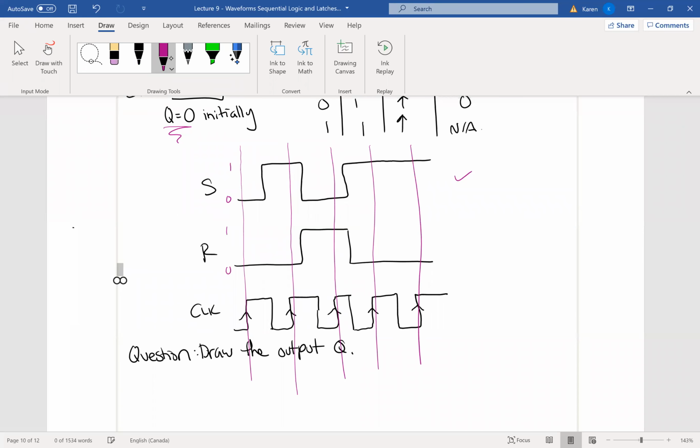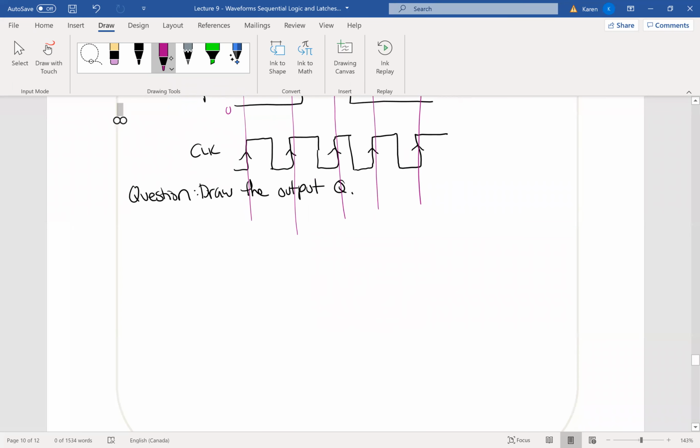And a clock is somewhat a little bit easier because you only have to draw the output where the output only changes when that clock signal sort of opens the gate for that change to happen. So here is Q, and I said in the question Q was 0 initially. So Q is sitting at 0.